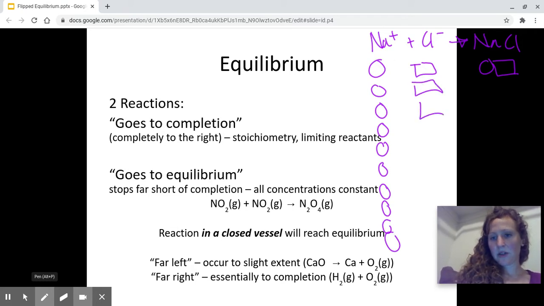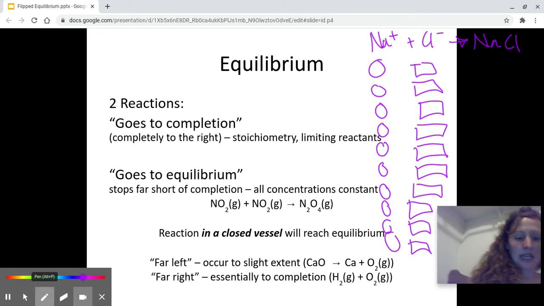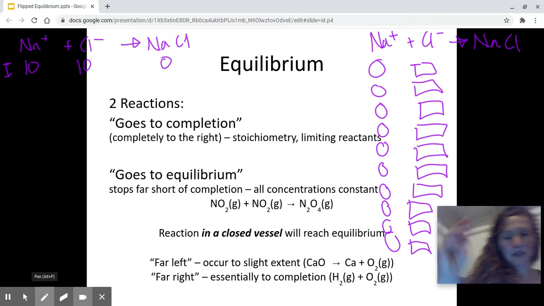We'll start with the same amount of chlorides. All right, and we're going to start with no products. So this is my initial amount. I'll write it over here as well. Initially, I have 10 and 10 and 0.